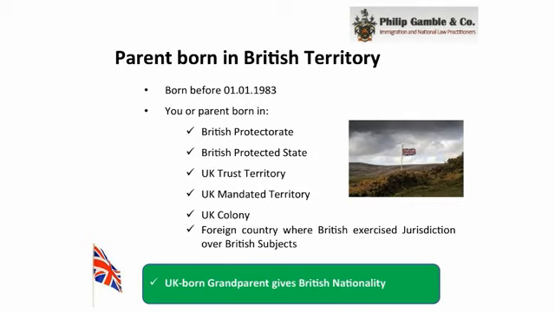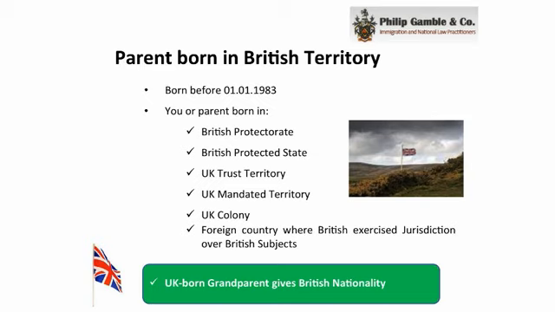We talked a little about birth in British territories with the first slides and at the beginning of this presentation. There were many different types of British territory overseas, and as we mentioned before, it's quite possible to derive a UK nationality from birth and descent in these places now.